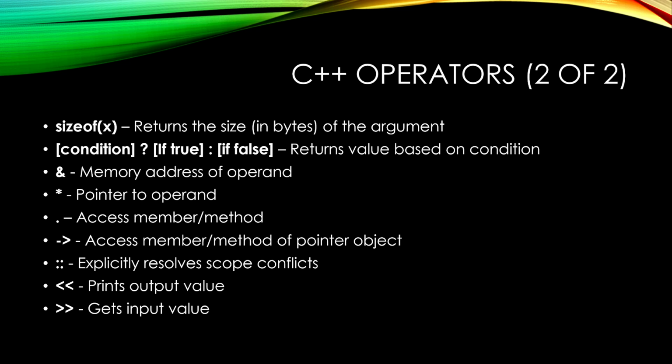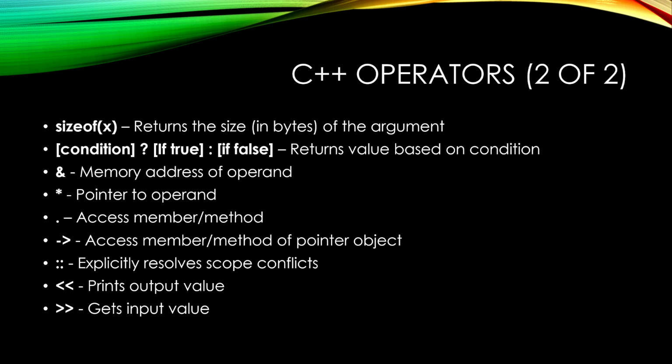The dot operator is how we access members and methods of classes, which we'll see when we get to that point. Sometimes we're dealing with pointers to objects of a class, in which case we'll want to use the arrow operator. This does basically the same thing, but it's for referencing pointers.